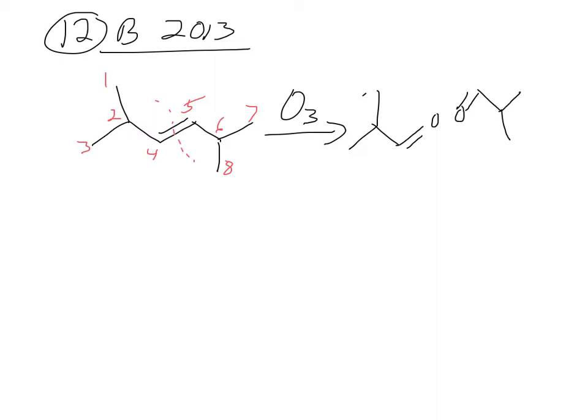All right, number of carbons, 1, 2, 3, 4, 5, 6, 7, 8. Just split it right down the middle. So again, number 12A and 13, or 2013 exam 3.